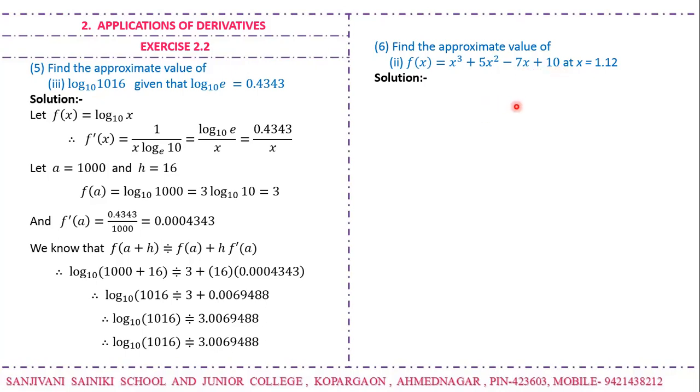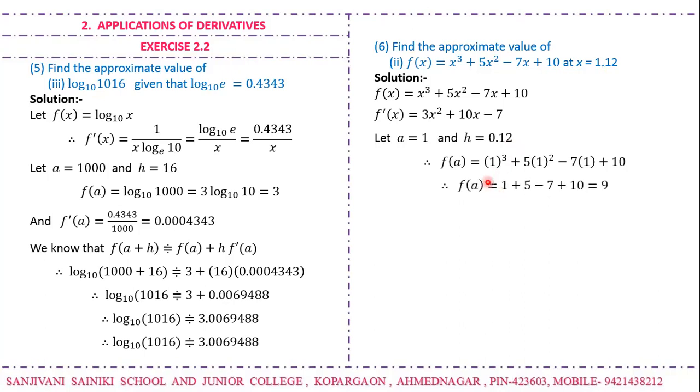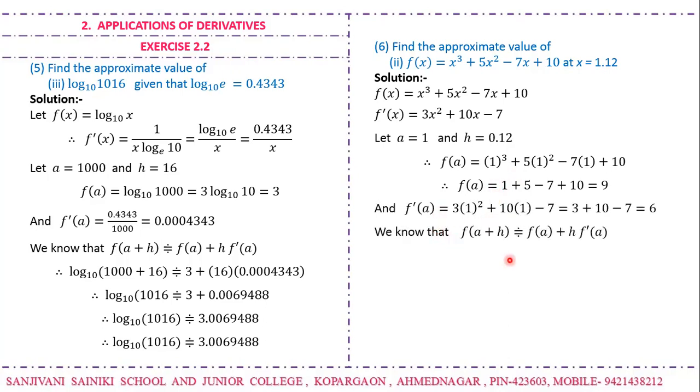Now find the approximate value of f of x is equal to x cube plus 5x square minus 7x plus 10 at 1.12. Again here the function is given and we can find its derivative. The point is given, 1.12, so our a is 1 and h is 0.12. Take the value of this function at x is equal to 1 and the value of the derivative at x is equal to 1. Then use the formula to find the approximate value.